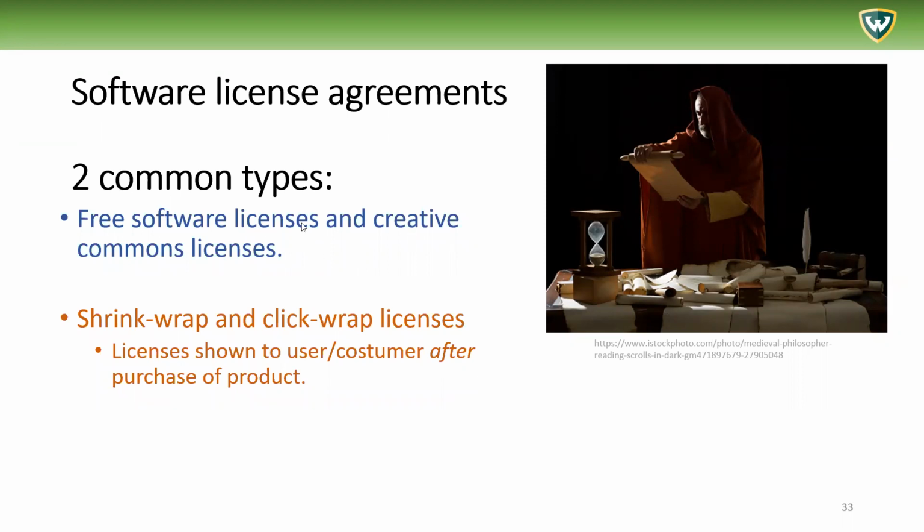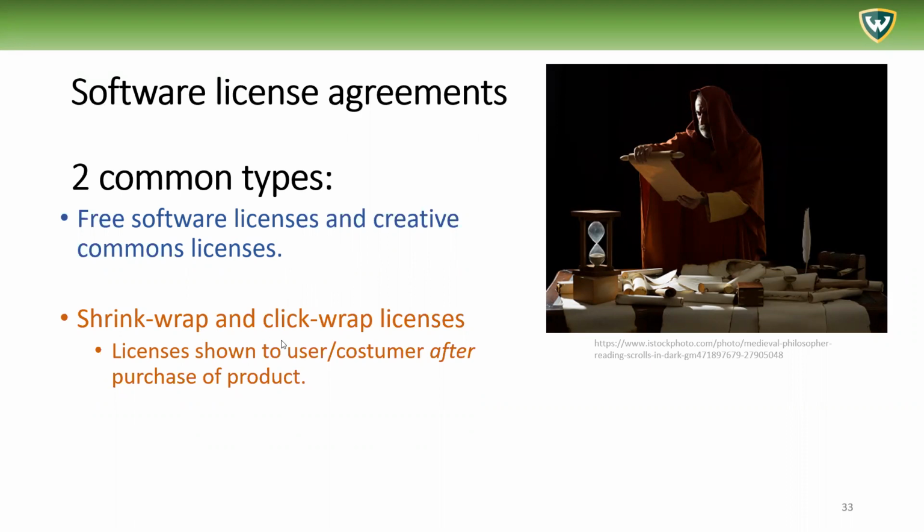There are generally two common types of license agreements. There are free software license agreements or other Creative Commons license software, which you use at your own risk. You're not paying a fee for it, so they are usually used as is, and there's certainly very limited liability that those products create.